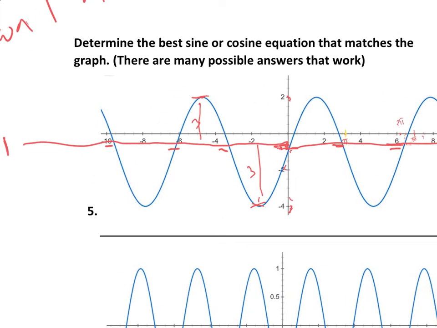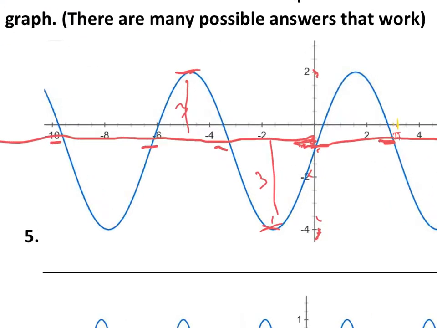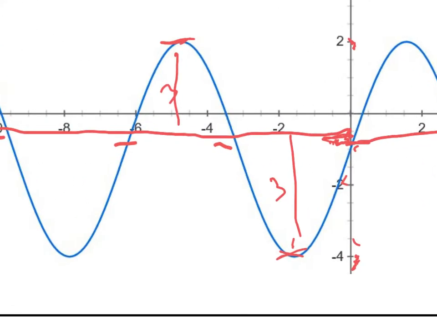I am going to choose to be over here. I'm going to start my curve over here because that's in the middle going up. That's a perfect sine curve starting from over here.